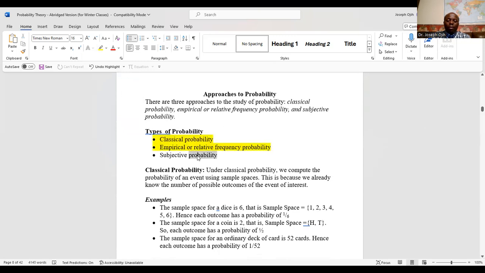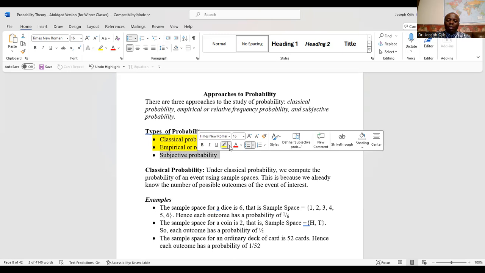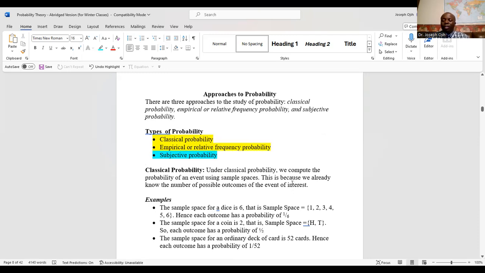The subjective probability, we don't normally use it. It's very popular among politicians. They give you all these statistics that cannot really be verified, trying to sway your vote to them.